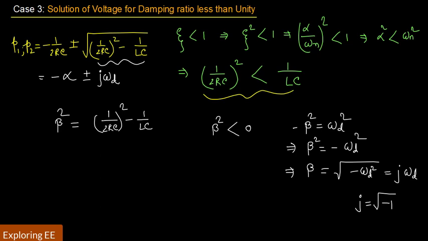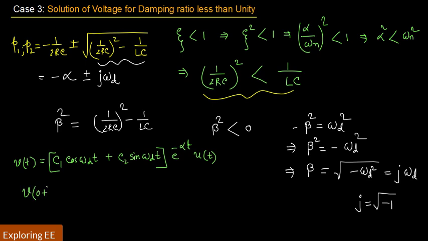So for complex conjugate roots, the solution of the voltage can be written in this form: V(t) equal to (C1 cosine omega d t plus C2 sine omega d t) multiplied by e to the power minus alpha t times u of t. And these two arbitrary constants C1 and C2 can be computed from the initial voltage, which is 0, V(0 plus) equal to 0.